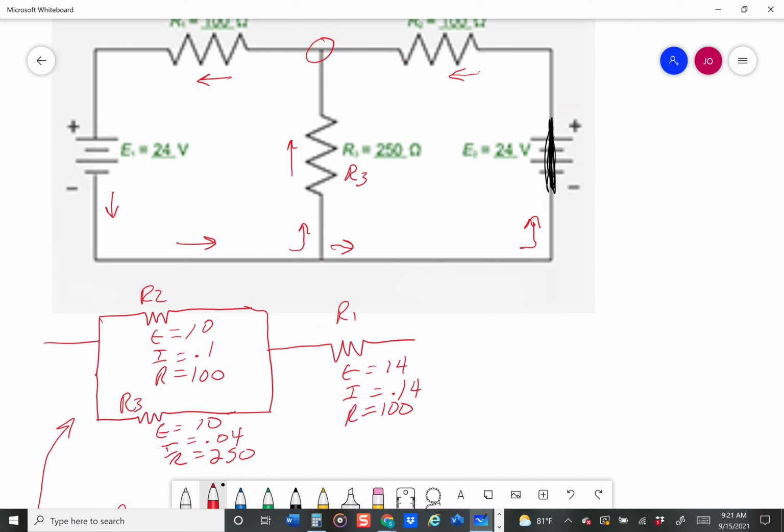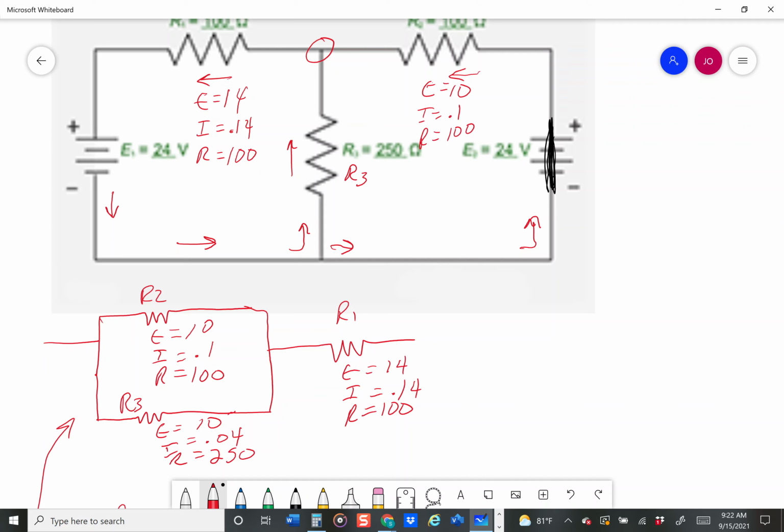And in this case, R1, which is up here, and we know that my current flows that way, so I'll put my E, I, and R. Resistor 1 is 14 volts, 0.14 amps, and 100 ohms. R2 is 10 volts, 0.1 amps, and 100 ohms.